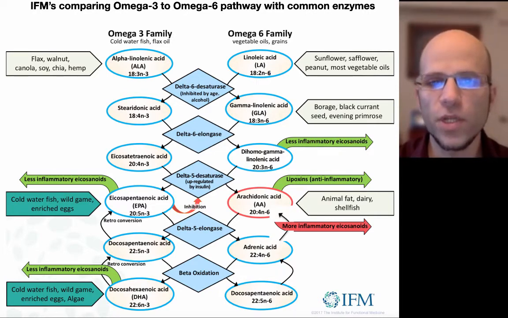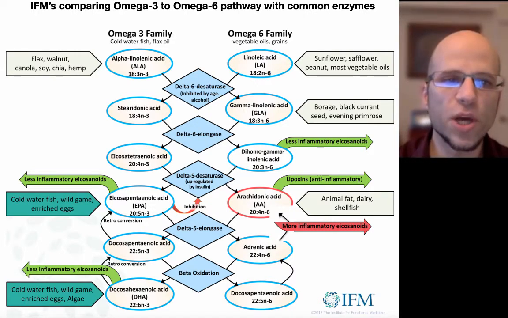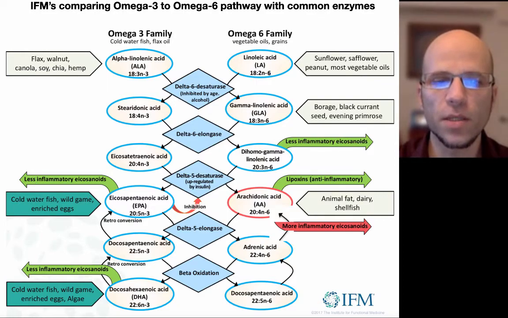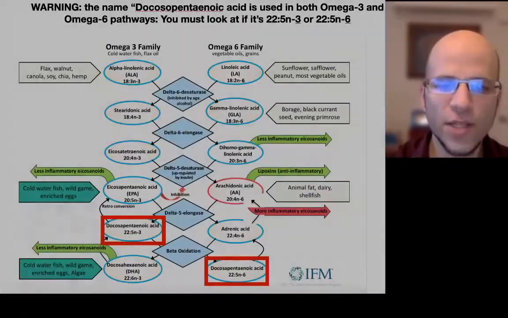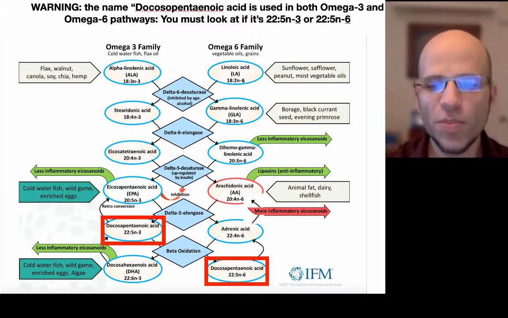It's very, very confusing because you would think that a lab test would show one step to the next, to the next, to the next, uninterrupted, but that's not true. Additionally, you see other problems like common naming, like docosapentaenoic acid is here in the omega-3 pathway as well as here in the omega-6 pathway.